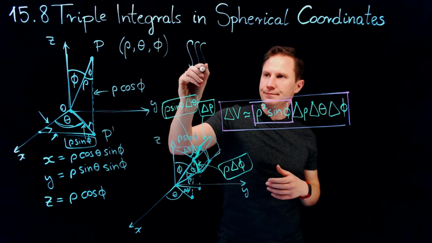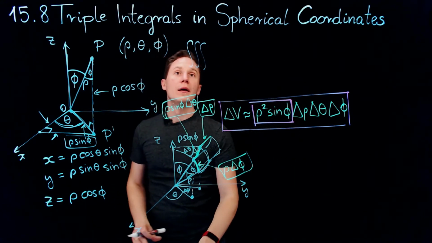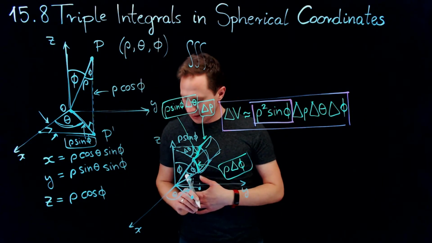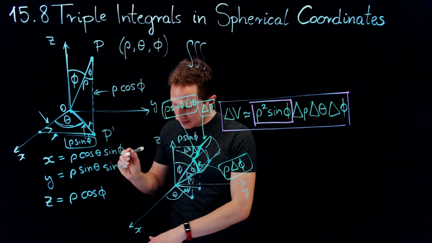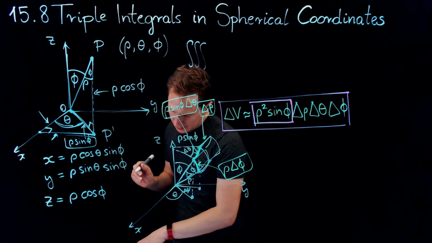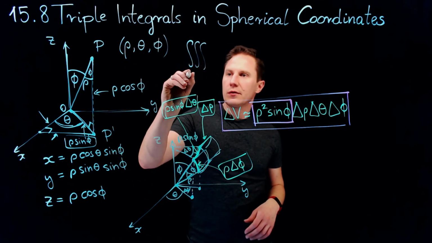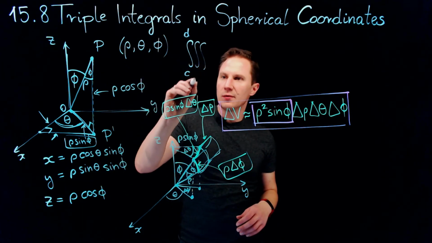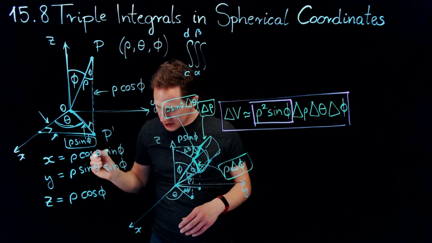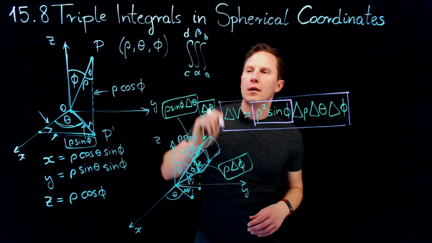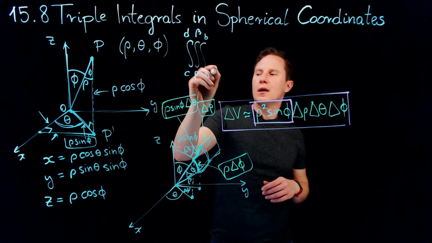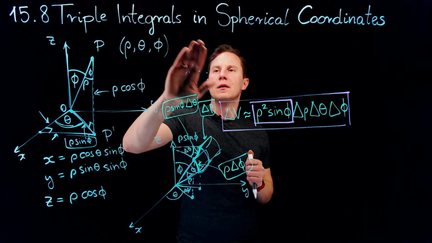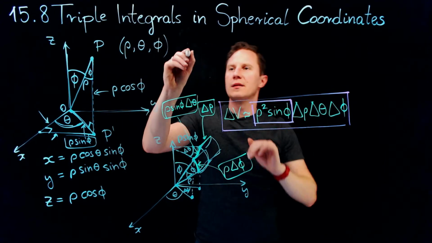So let's imagine that we have this triple integral of a function where first I integrate with respect to phi, so let's say that phi changes between C and D, theta changes between alpha and beta, and rho changes between A and B. So let me just first have the triple integral written as usual.